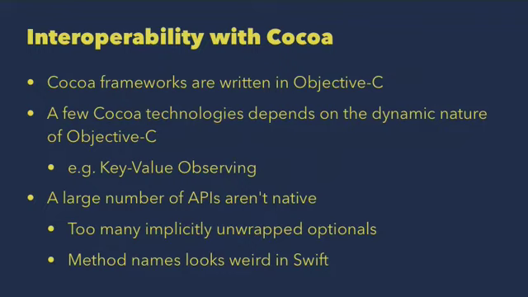So currently in Swift, most of the code is static by default. But to support this kind of Cocoa technology, you have some special keywords, for example, @objc, or @NSManaged, or a new keyword introduced in the latest beta, dynamic. You use these special keywords to turn the code into dynamic.